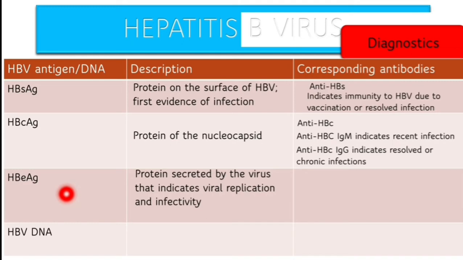Maybe you can remember it that way. Our bodies are also able to produce antibodies against this envelope antigen, called anti-HBe antibodies. The presence of these antibodies indicates long-term clearance of HBV infection.